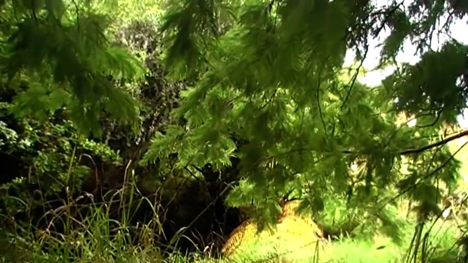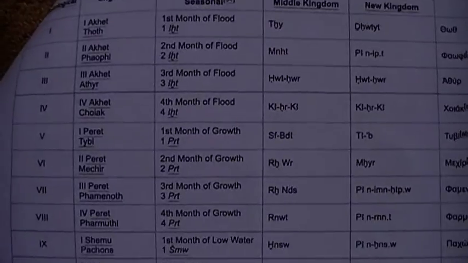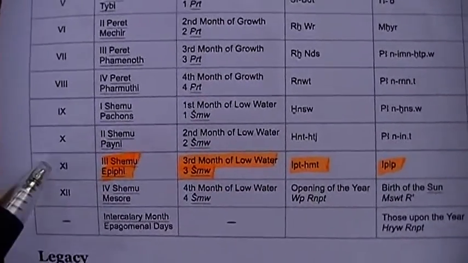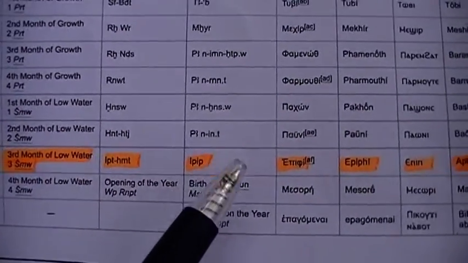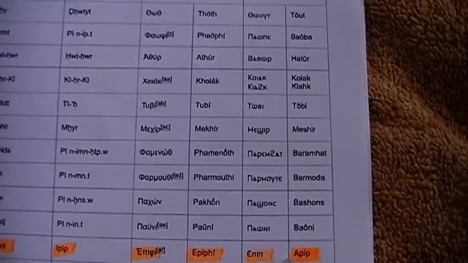Now, what's important about Shemu in the ancient Egyptian calendar is, okay, the third month of Shemu is known as Epip, and translated into Arabic, that is actually Abib, okay?